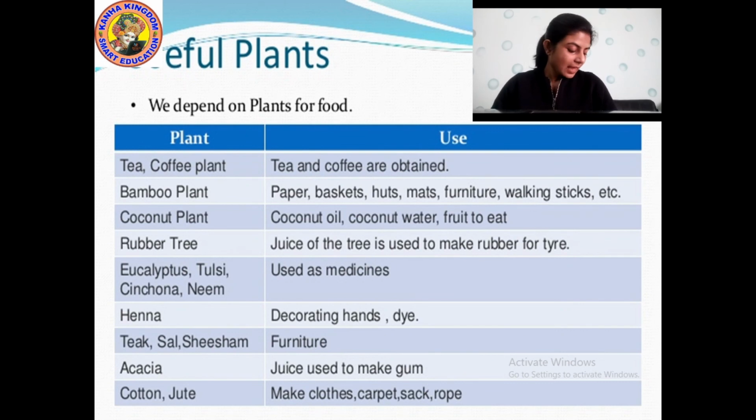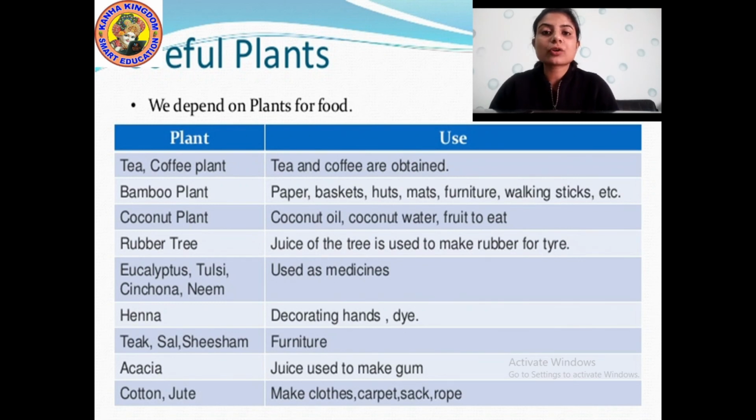Then juices from rubber trees are used to make rubber, tires and pipes.